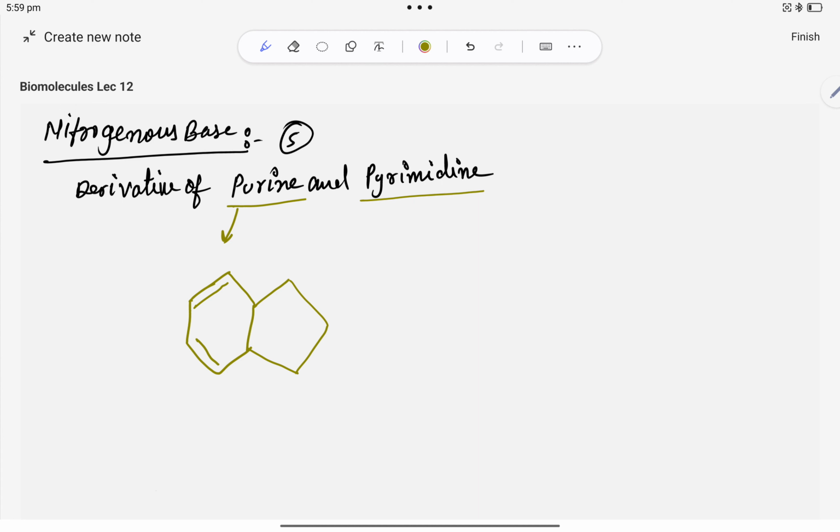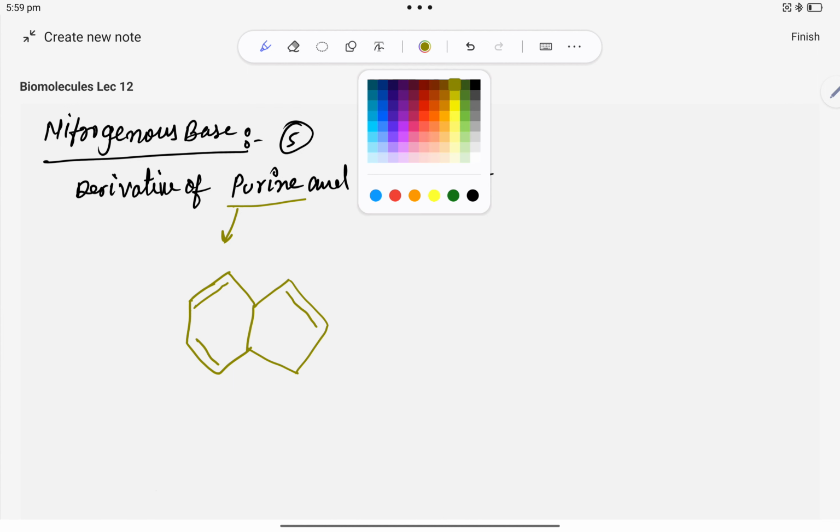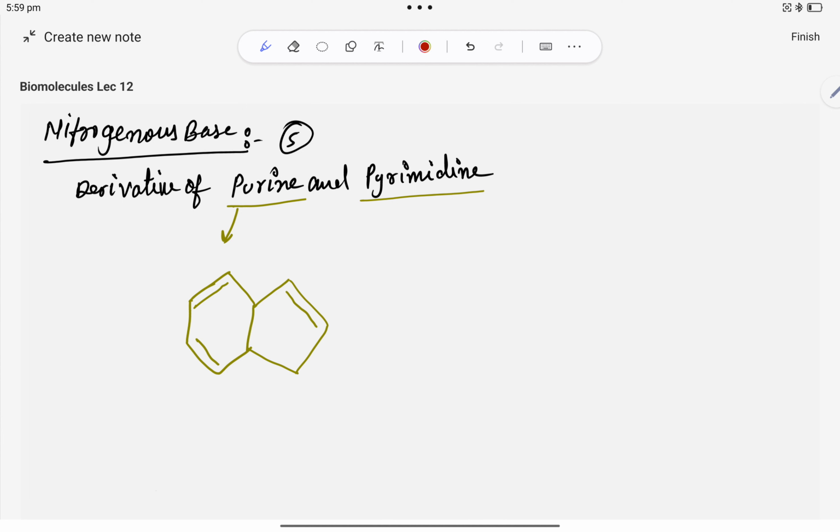It is not required, but for the information you have to know. That's why I am writing this here. One nitrogen atom here, one nitrogen atom, nitrogen, and here nitrogen, and here double bond.